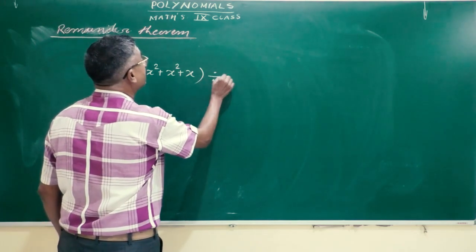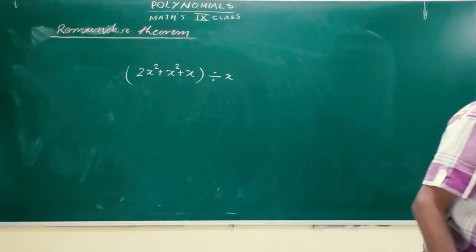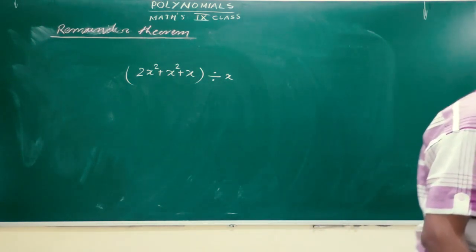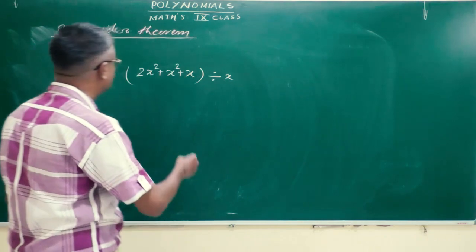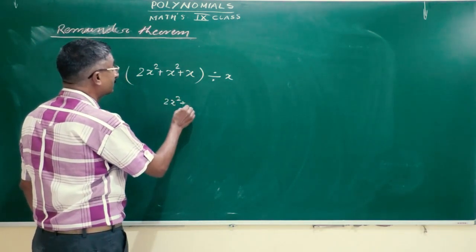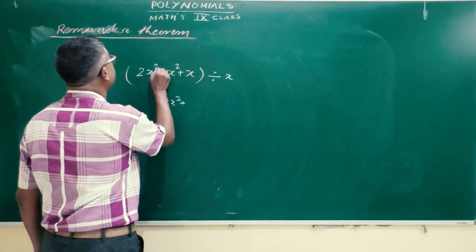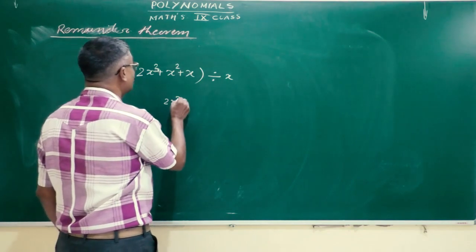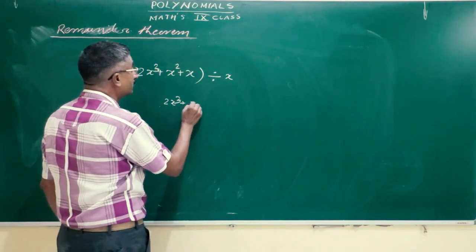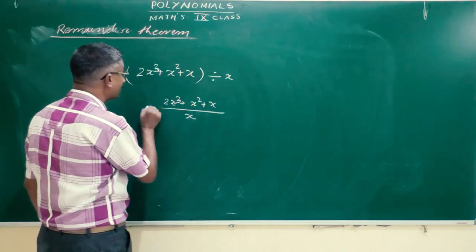Each term is divided by x. So this will be 2x cube plus x square plus x divided by x.